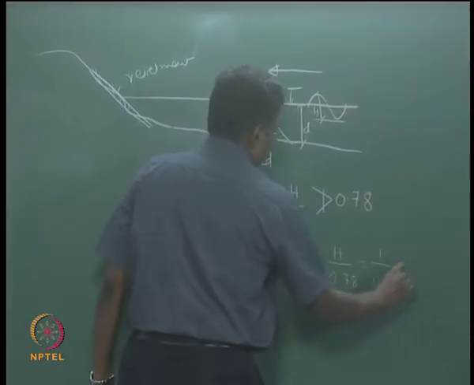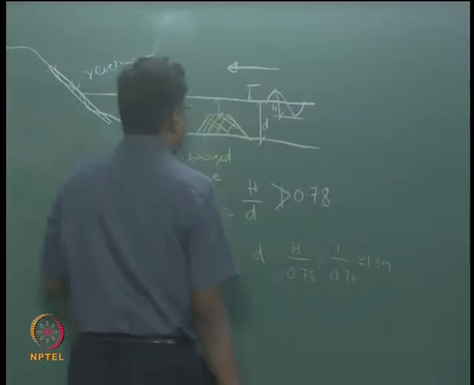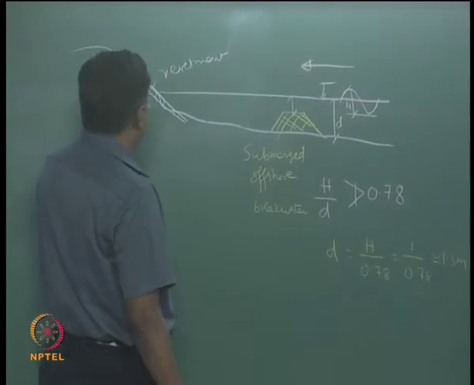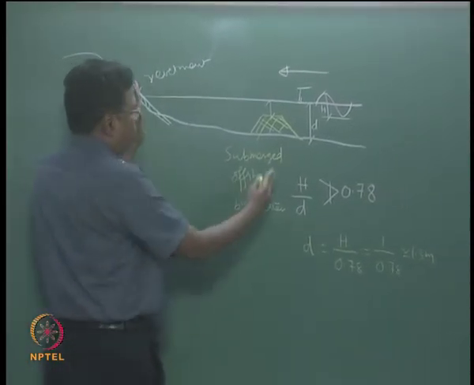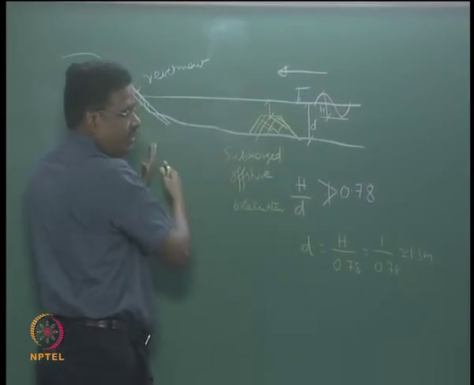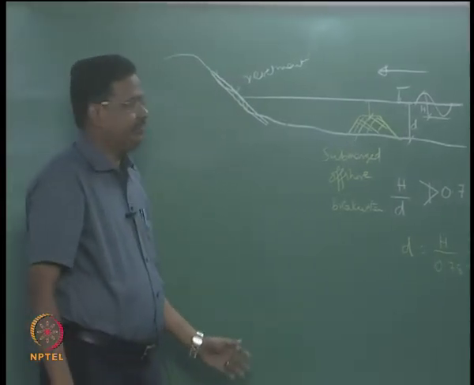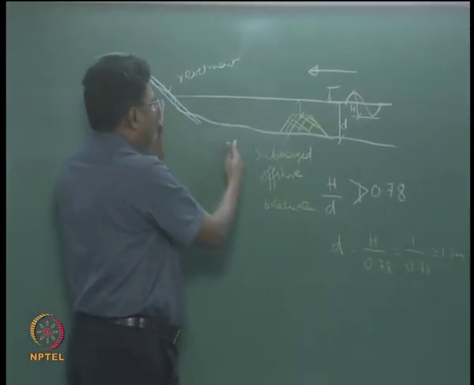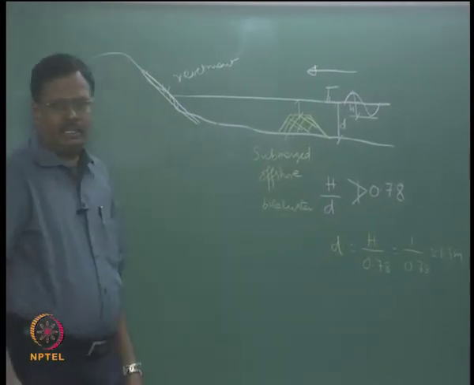So this will be approximately 1.3 meter. So the distance from the shoreline to where the water depth of 1.3 meter occurs, that is the zone where the littoral drift will be more. You find out the width of that distance, you take twice the width, that is called the surf width.